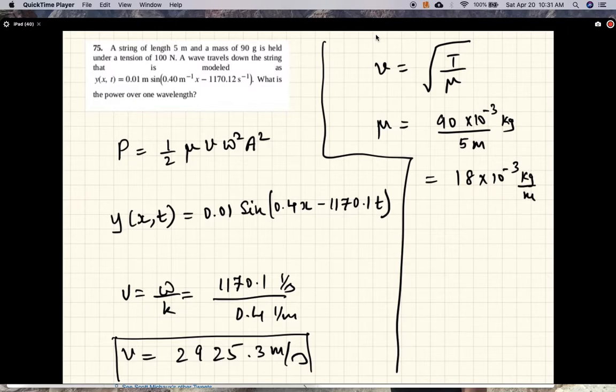So velocity according to this formula would be, the wire is under 100 newton tension, divided by 18 times 10 to the minus 3 kg per meter.